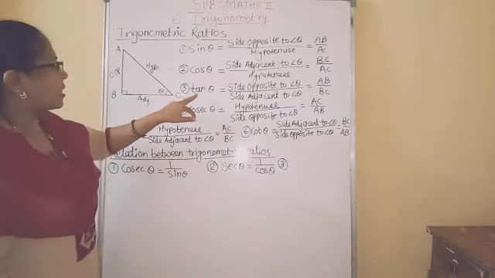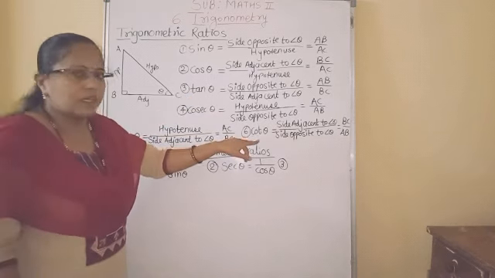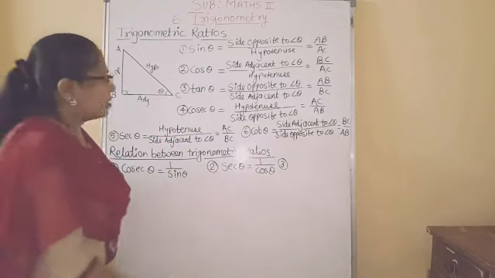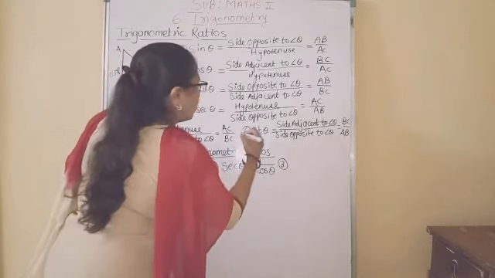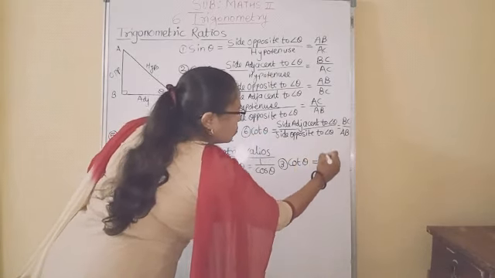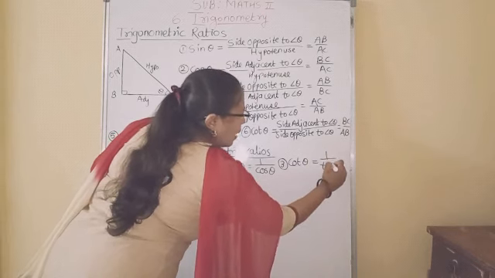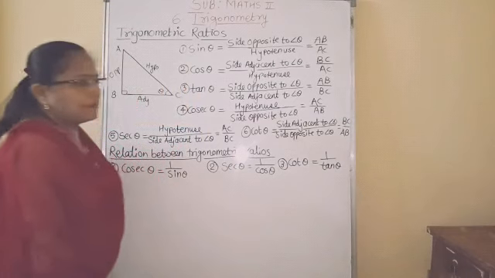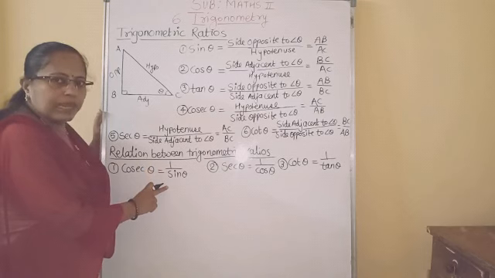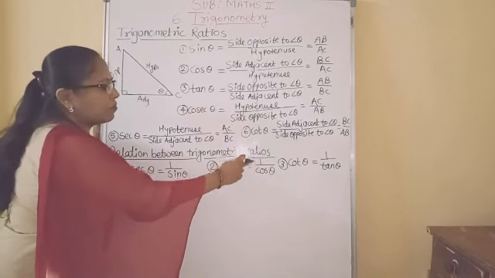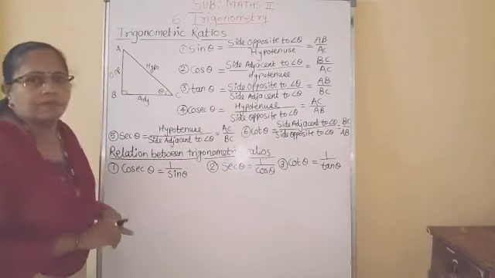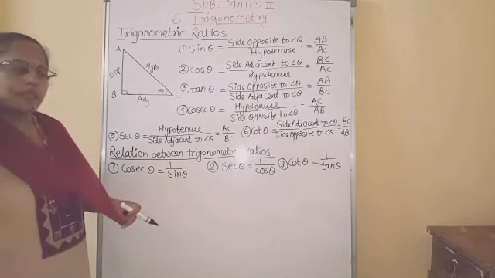In the same way we get the relation between tan theta and cot theta. They are reciprocals, so cot theta is equal to 1 upon tan theta. So cosec theta is equal to 1 upon sin theta, sec theta is equal to 1 upon cos theta, cot theta is equal to 1 upon tan theta. Followed, students? So these are the relations.